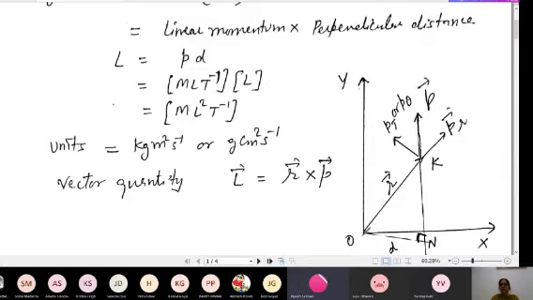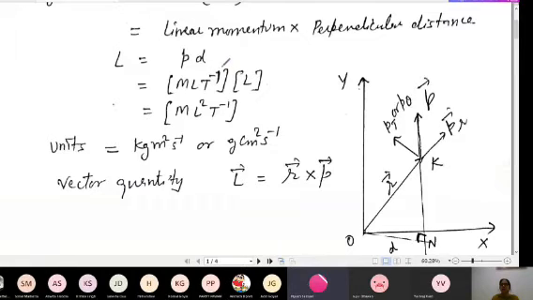If I take y or y dash as my axis of rotation, then about this axis, if I take this as the direction of the linear momentum and draw the perpendicular distance ON, which I write as small d, then I can write L as the linear momentum, denoted by small p, times this perpendicular distance d, the product of these two.